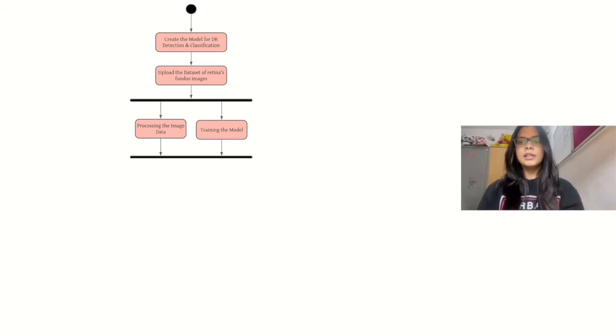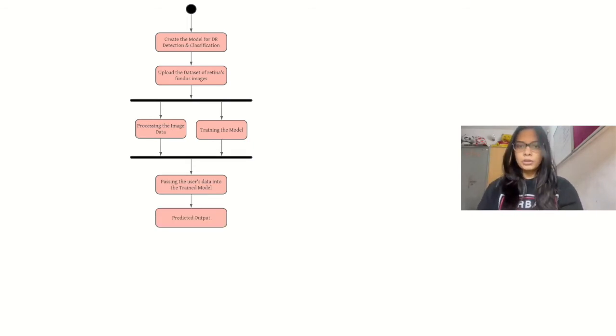Once this was done, then we pass our customer data onto the training model, which is the data that we've received from the website. Then once our trained model processes these images, it generates a predicted output, on the basis of the data that it already has and the processing that it's already done.